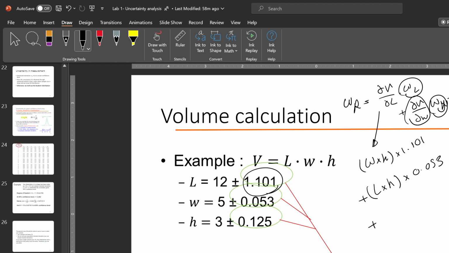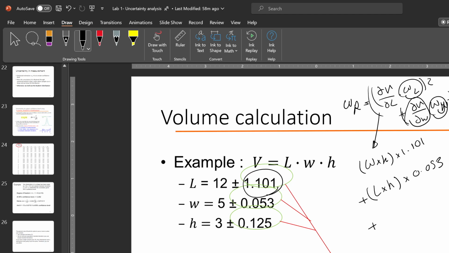plus this, which is length multiplied by height, multiplied by this uncertainty, 0.053, plus, and all of these are to the power 2. So this is to the power 2, this is to the power 2, and then we have to take a square root. And we have length multiplied by W multiplied by 0.125. For these, we have to use the average values.